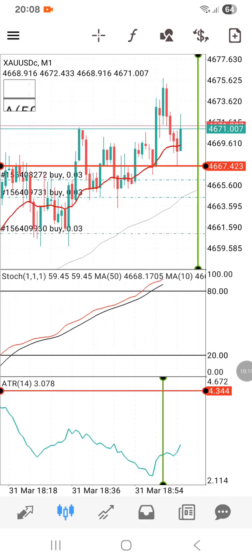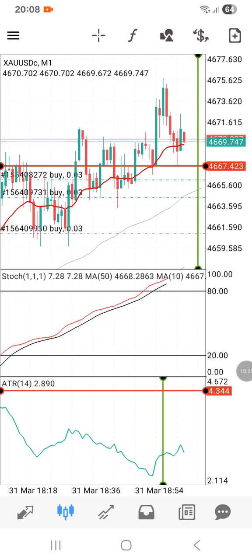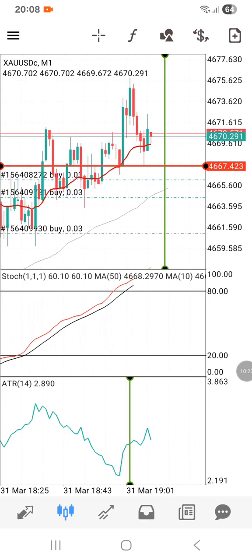Currently, the volatility is high on gold. So if you are trading gold, you need a bigger stop loss, and a bigger stop loss should come with small lot size and with bigger trading capital. You can't use a very small capital. You can't place a big stop loss on a very small capital.